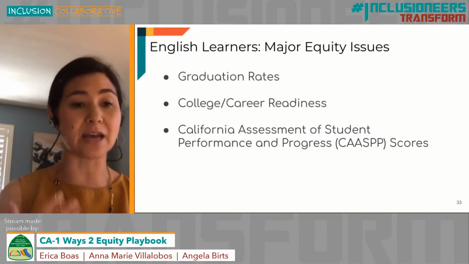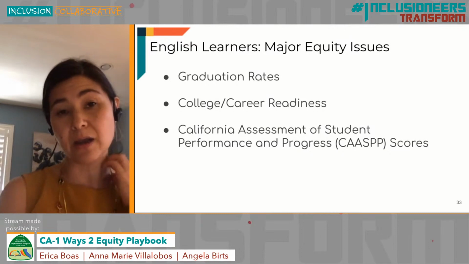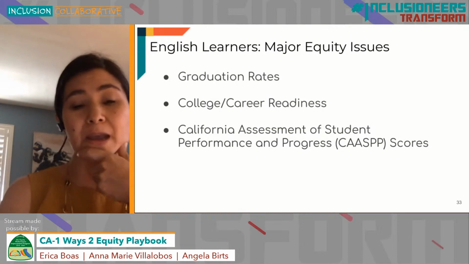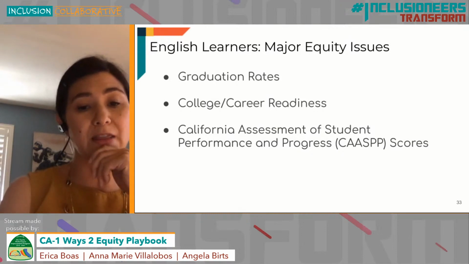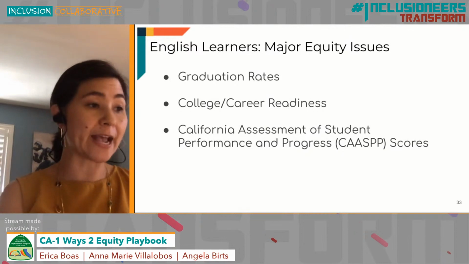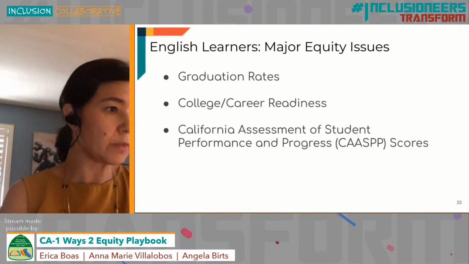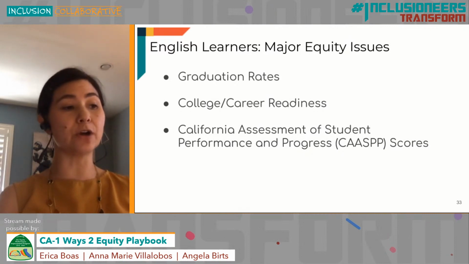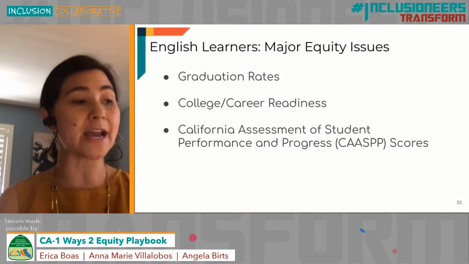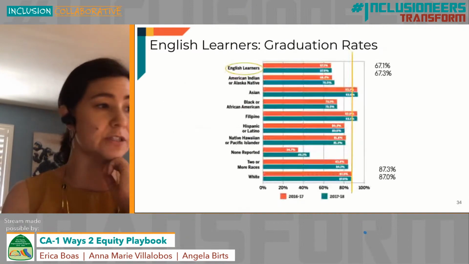But we still see that academics are a significant equity issue for them. We also will be looking at the California Assessment of Student Performance and Progress, or CAASPP scores going forward. Okay, so I'll begin with a statistical overview of the state of English learners for each of these categories, and then discuss some of the tools, practices, and resources for English learners.